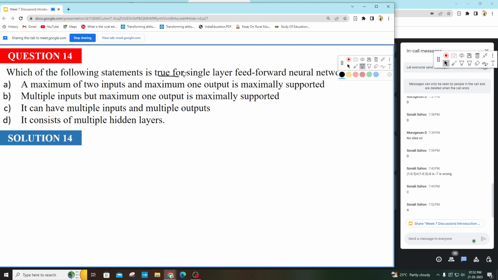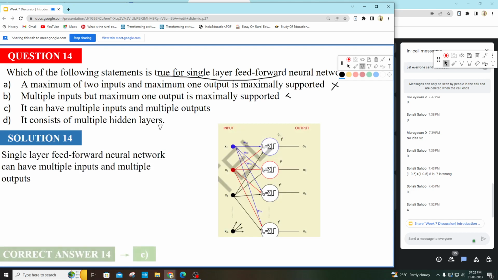Yes, sir, A is true for a single layer feed forward network. Let's check A: a maximum of 2 inputs and a maximum of 1 output. This is absolutely wrong. Multiple inputs but a maximum of 1 output is also not correct. It can have multiple inputs and multiple outputs, so this is the correct answer.